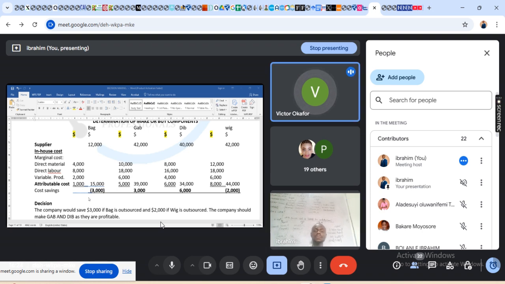That's my question: why do you consider attributable costs, whereas the fixed cost is not considered?